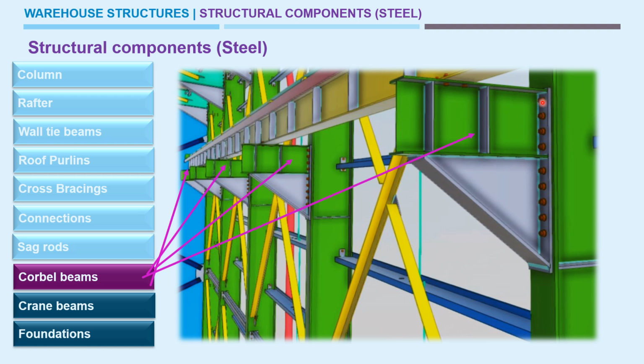The number of bolts required will decide whether the corbel beam requires haunches. Here the crane capacity is up to 10 ton, so we have decided to go for 9 bolts as per the design.